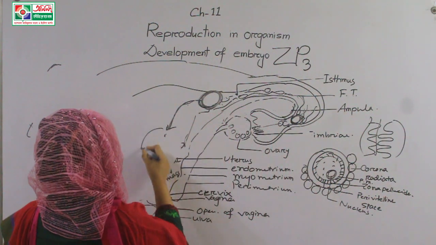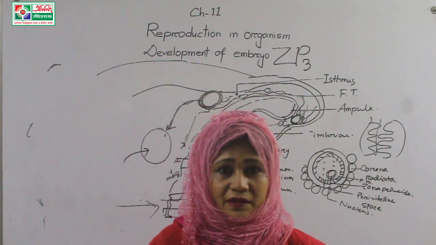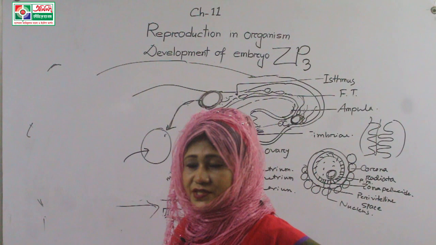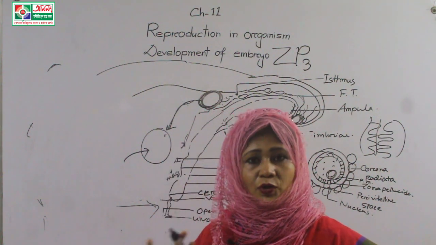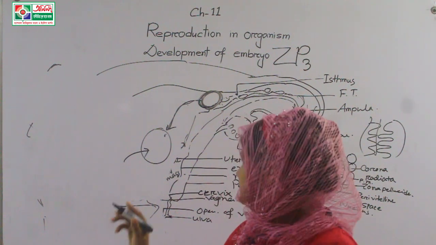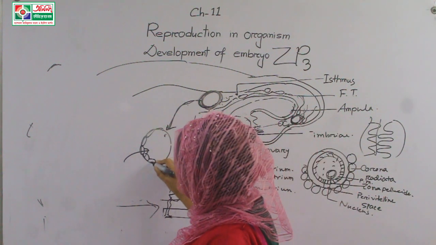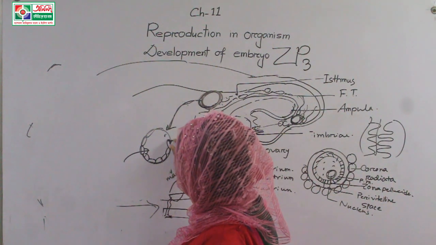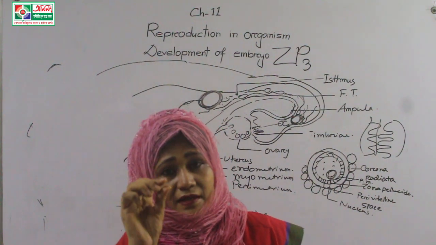And what happens? The fluid from the uterine cavity enters the morula, and it becomes larger in size, but the cells are smaller.